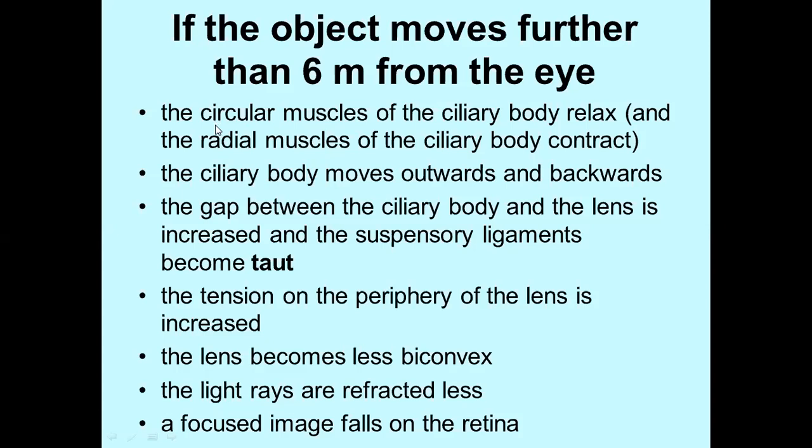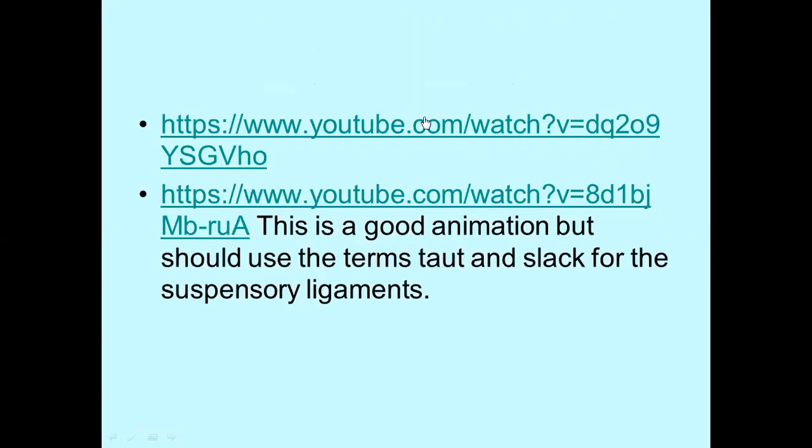So what you can remember is circular ciliary muscles contract for close. So C, C, C, C. Okay. If the source is only talking about one set of muscles, then know that they're talking about the circular.